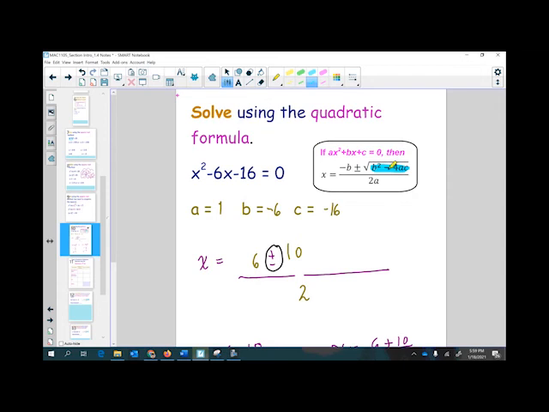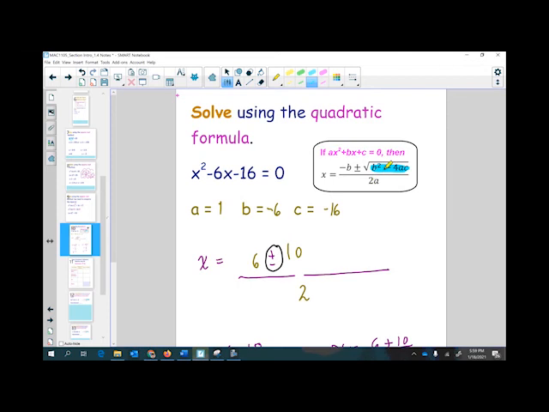So a lot depends on the sign and the value of this part. Because if it's 0, then the whole square root part goes away along with the need for the plus minus, and you just have one answer, which is -b over 2a.